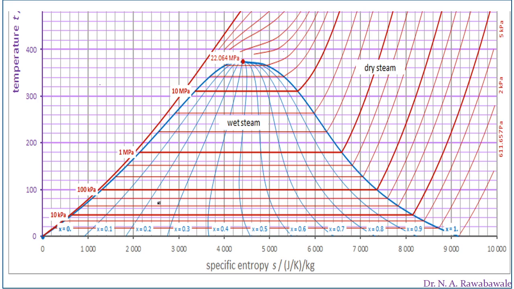So coming to the first, the temperature entropy diagram, we generally call this the TS diagram.